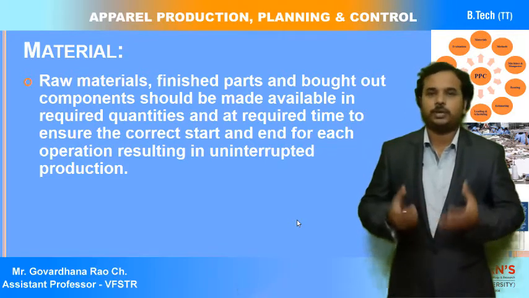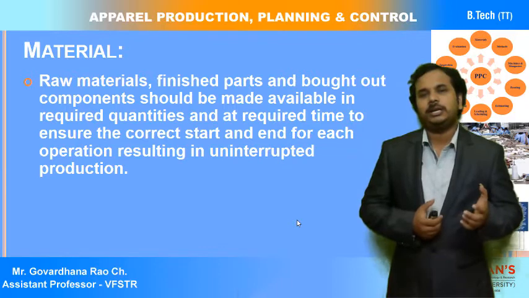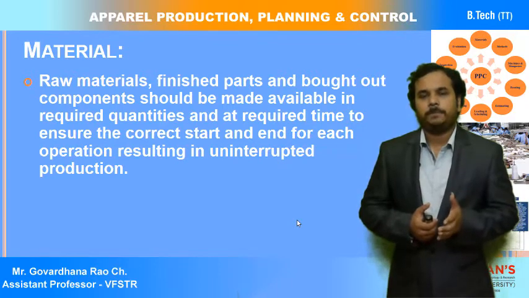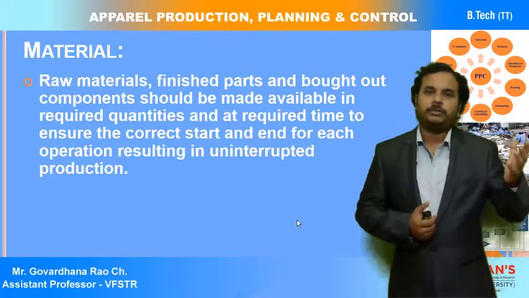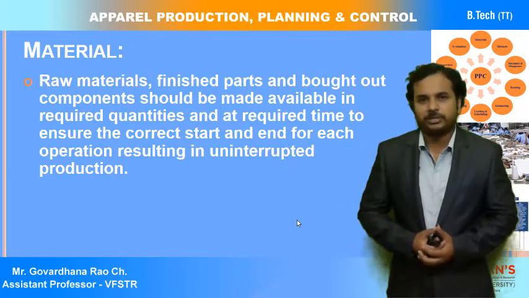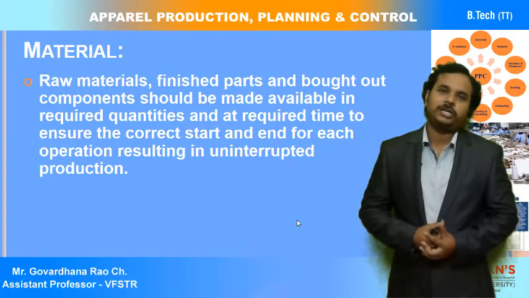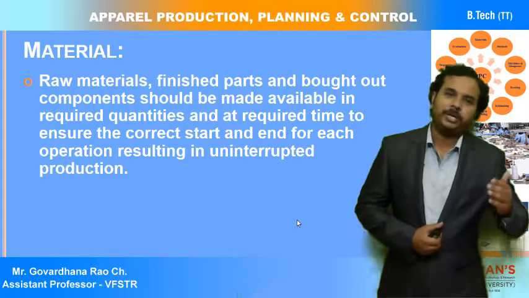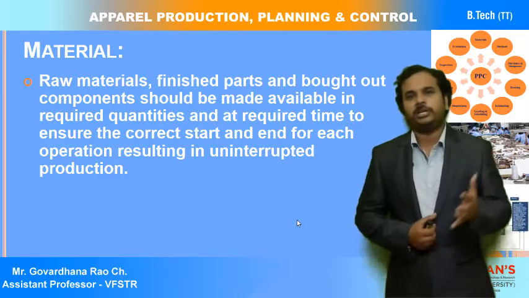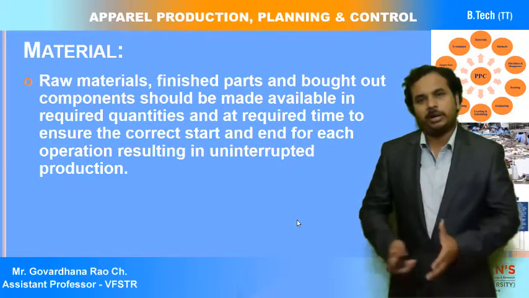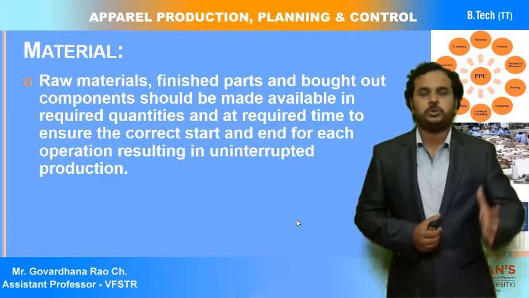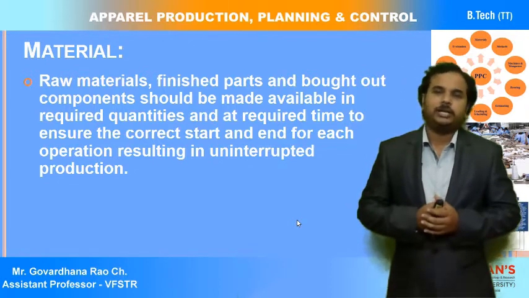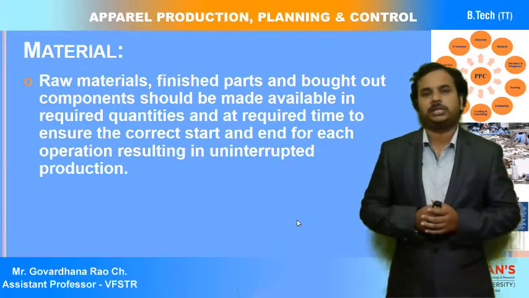As I told earlier, the garment industry cannot manufacture the fabric. So the fabric is sourced from the weaving industry to the garment industry. When this fabric reaches the apparel industry is one of the major things.